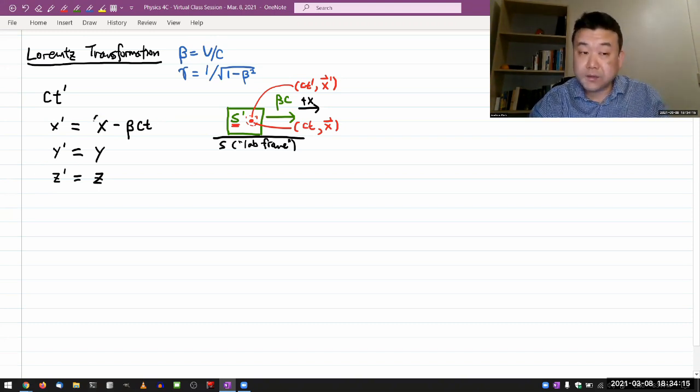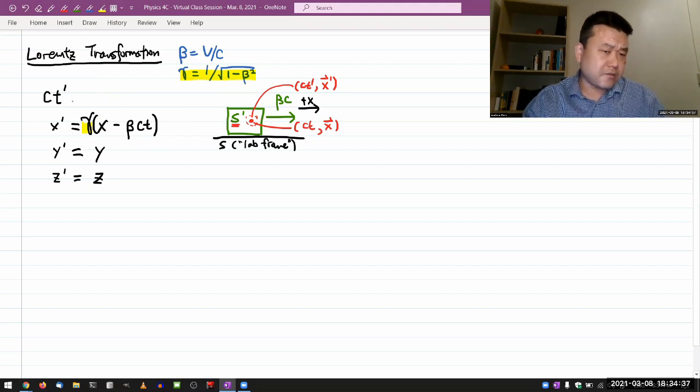The only real difference between Galilean transformation and Lorentz transformation is this presence of factor gamma, or 1 divided by square root of 1 minus beta squared. But we define this factor gamma so that our expressions will be simpler. And it turns out it has a lot of uses, so we'll keep it.